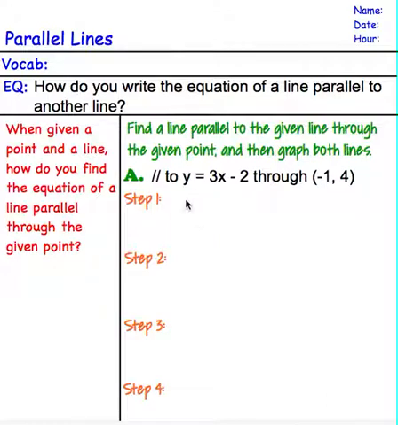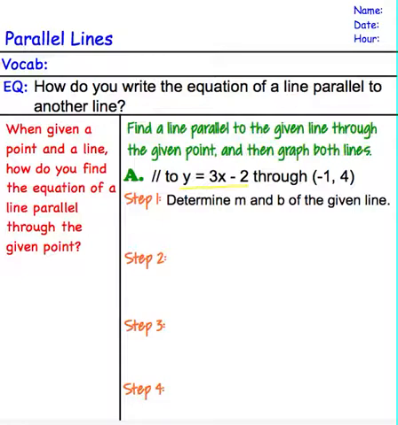So we'll start off with looking at step one. Step one, when we are finding a line parallel to y = 3x - 2 through the point (-1, 4), we first need to determine m and b, or the slope and y-intercept of the given line. The line we have is y = 3x - 2.